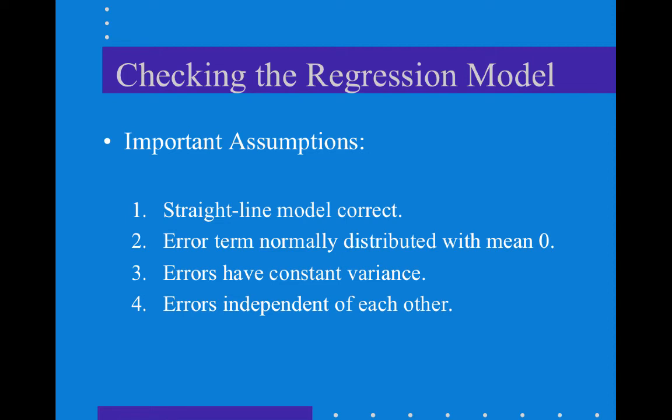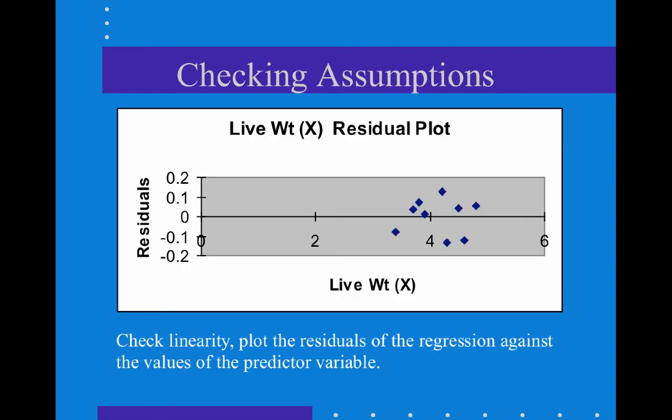The second assumption is that the error term is normally distributed with the mean of 0. The third assumption is that the error values are consistent. And the fourth assumption is that the error values are actually independent of one another. So they're not dependent or caused by individual experimental units.